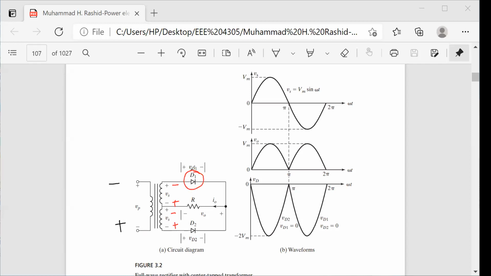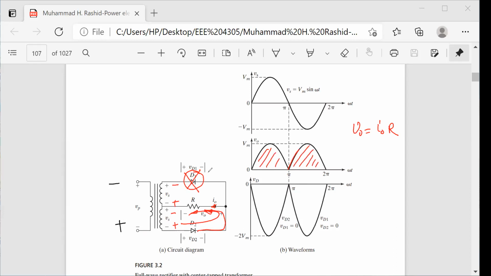Reverse bias, so it will not work. Then current will flow this way. We have already found V0 equals I0 R, and the current still flows the same way. So we will get the same wave shape as we got here.